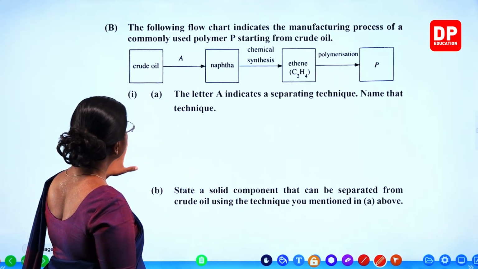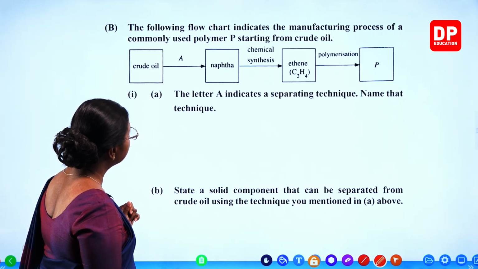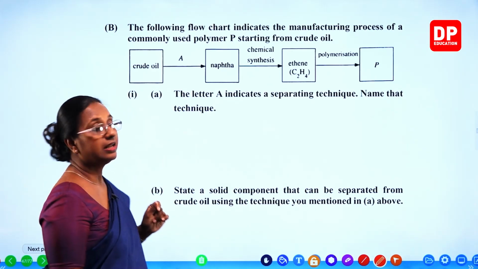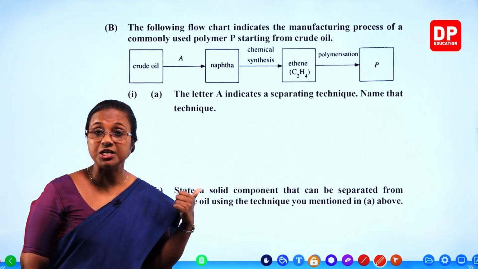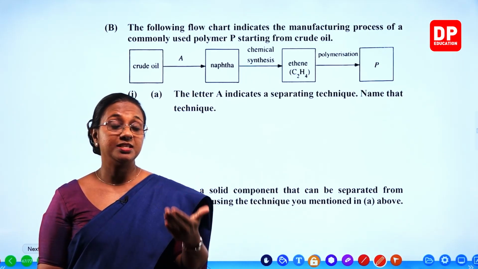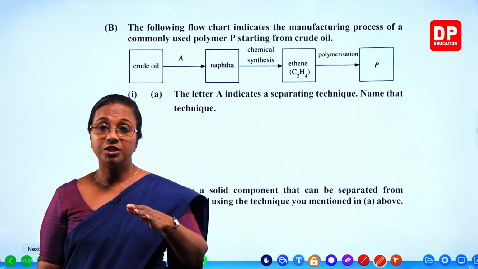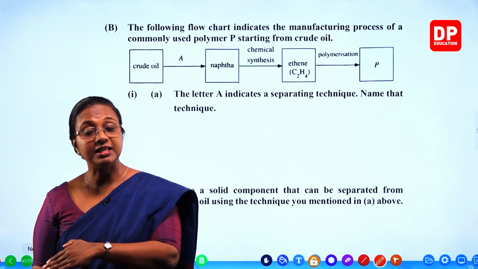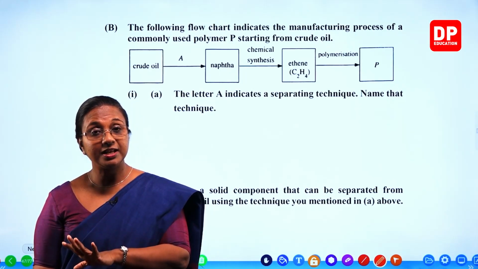So then, if we answer the questions, first part A, the letter A indicates a separating technique. Name that technique. So I said fractional distillation, that is a separation technique. You all know, students, distillation, you have a mixture that is converted to the vapor state and it is condensed so that you get the liquids or solid, gas, liquid, solid all separated out.